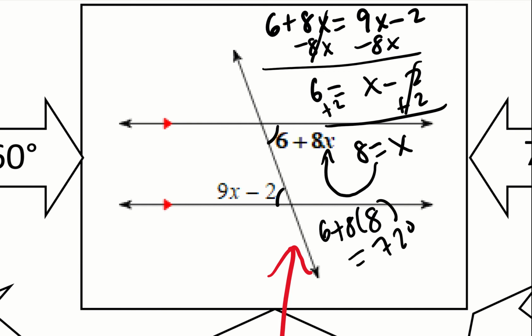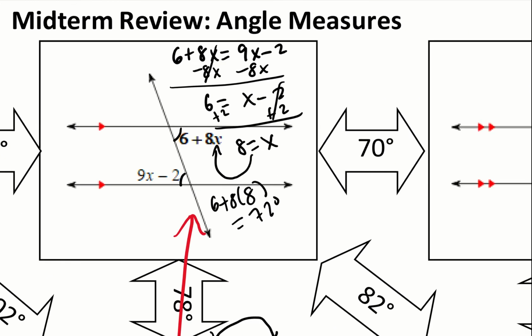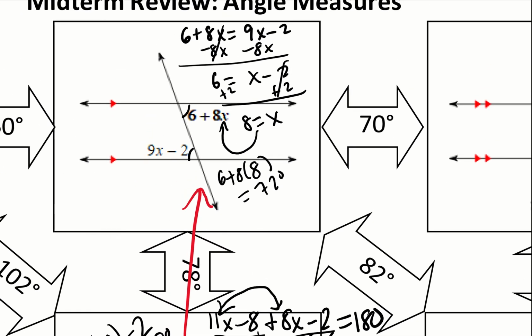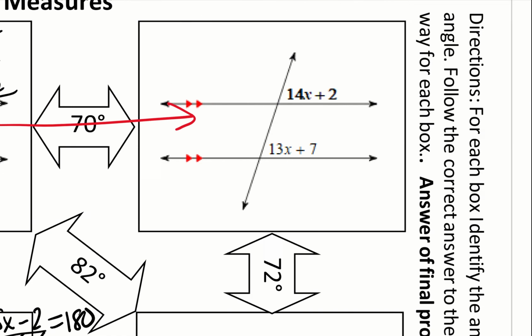So we got 72 degrees. Or rather, let me double check that. Oops, bad mental math. This is going to be 70 degrees. Okay, so we got 8 times 8 plus 6, so it's going to be 70 degrees. All right, so we have here going to the right.